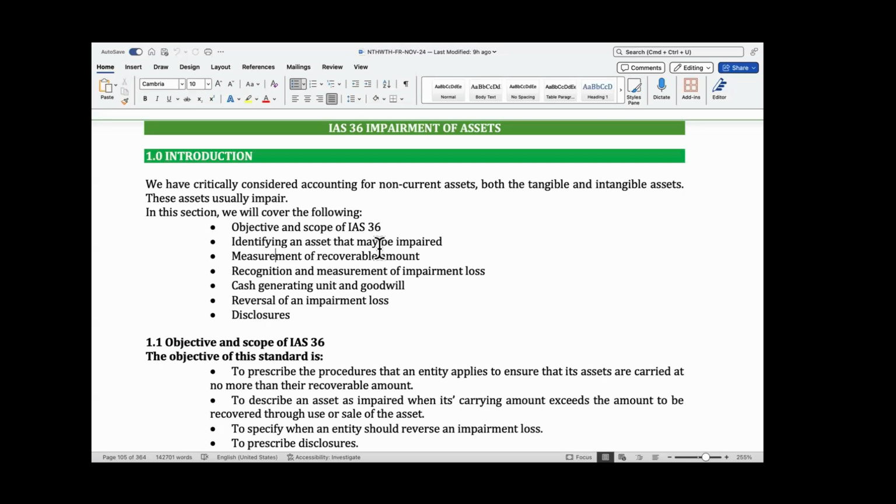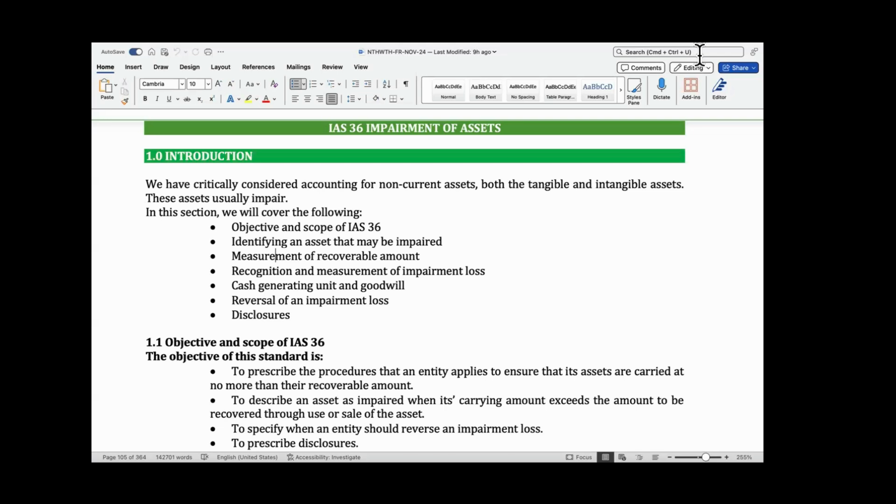What we have achieved so far is looking at accounting standards that deal with assets, at least on my own part of the syllabus. We have looked at assets like PPE. We have looked at assets like intangible assets.